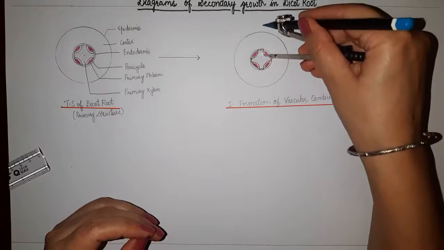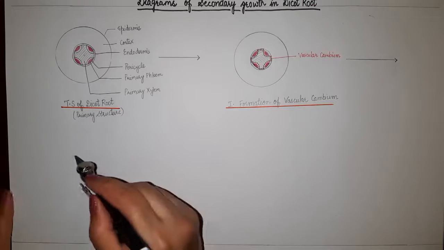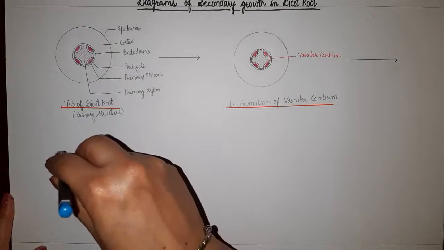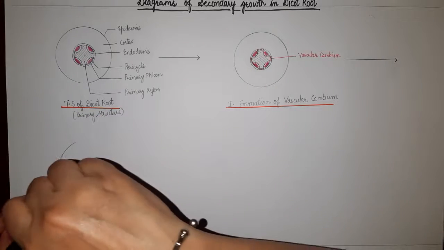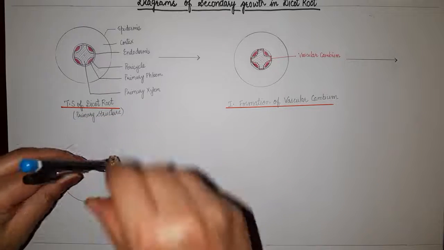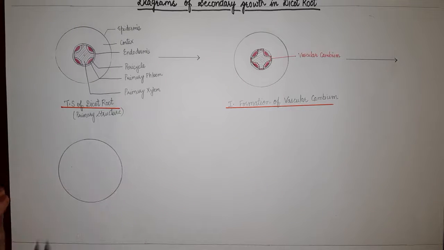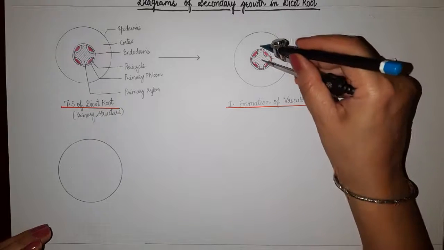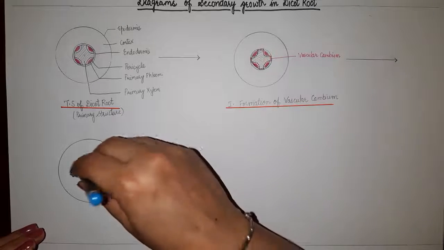So with the previous dimensions, now take a slightly bigger circle. And the central region, that also slightly larger.